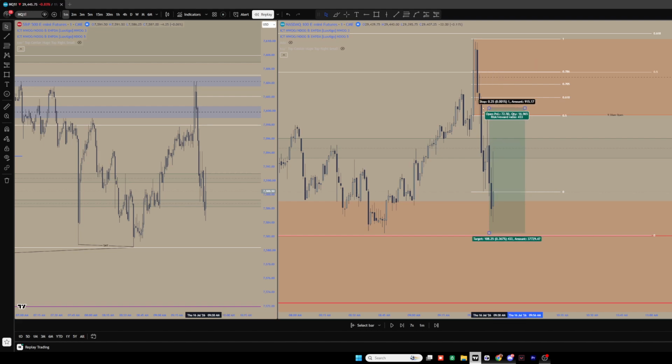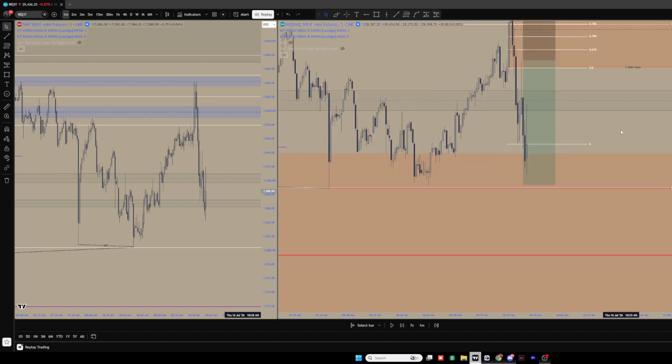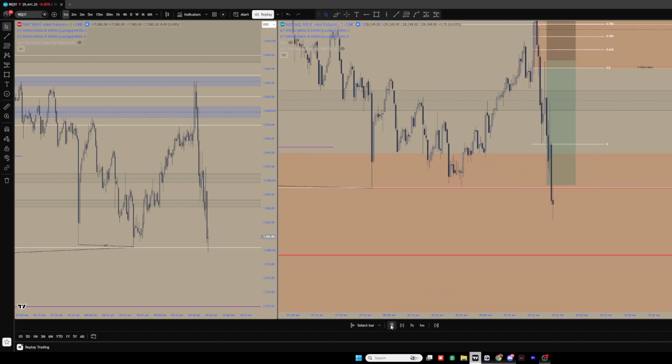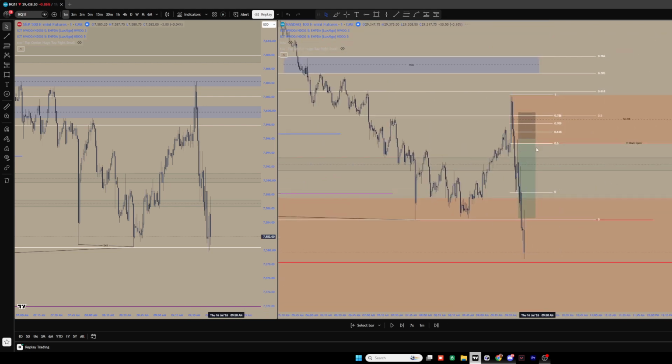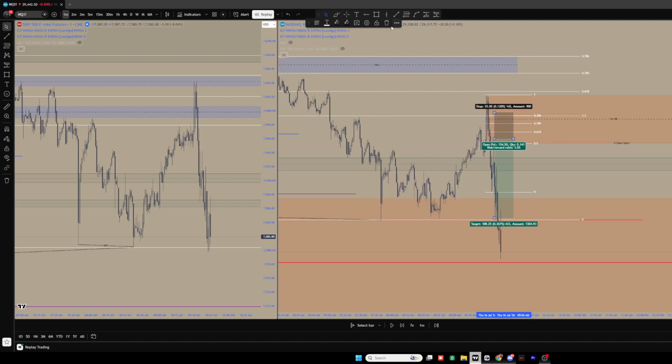So I moved my stop here, but originally it was around here, about 35 points. And yeah, let me take this low. So that's what I took. I think it was about a 1 to 3. Yeah, so the stop was a little bit big, but it's all good.